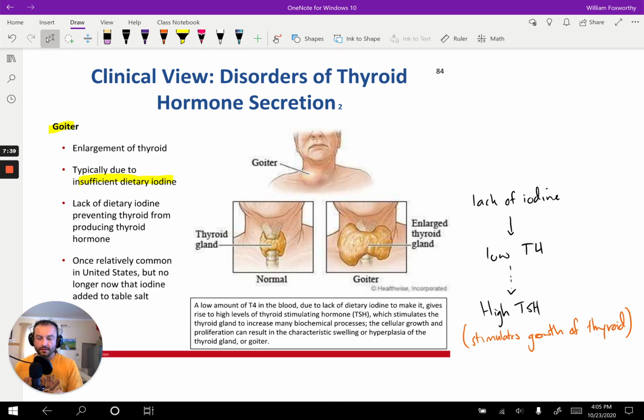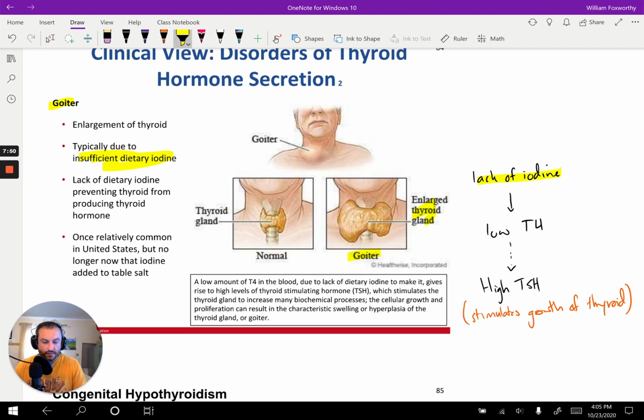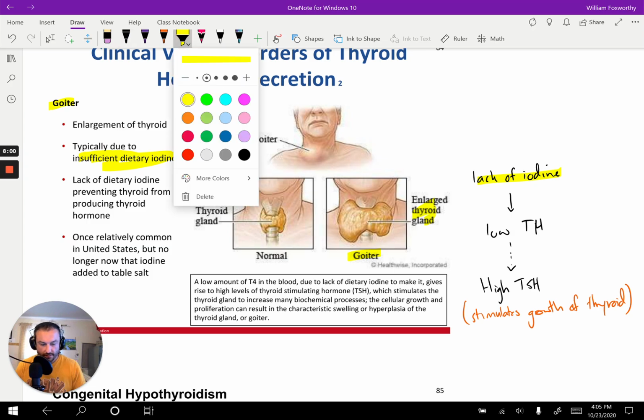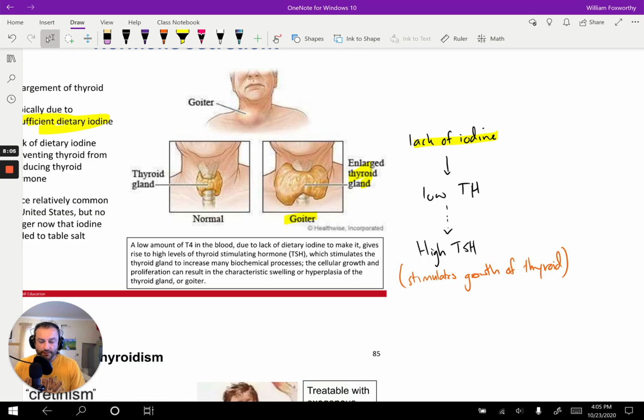If you do not have sufficient dietary iodine, this can result in enlarged growth of the thyroid gland, which is called goiter. The reason that happens is that without dietary iodine, you end up with low levels of thyroid hormone, which, remember, is the hormone produced by the thyroid gland. If you do not have sufficient thyroid hormone, this is not going to provide negative feedback on thyroid stimulating hormone release.